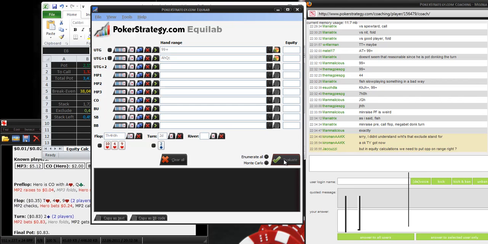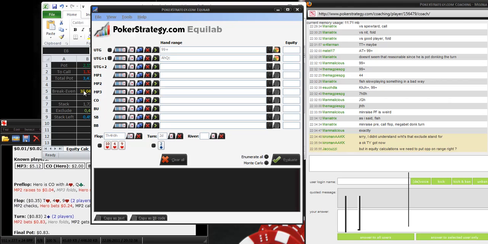so therefore it would be even more, like up to 40% would be perfect, and then we would get a bit of money even from going all in, rather than just going for a break-even. But in an equity calculation we need to put the opponent on a range, right? Yes, and this is exactly what we are doing here.